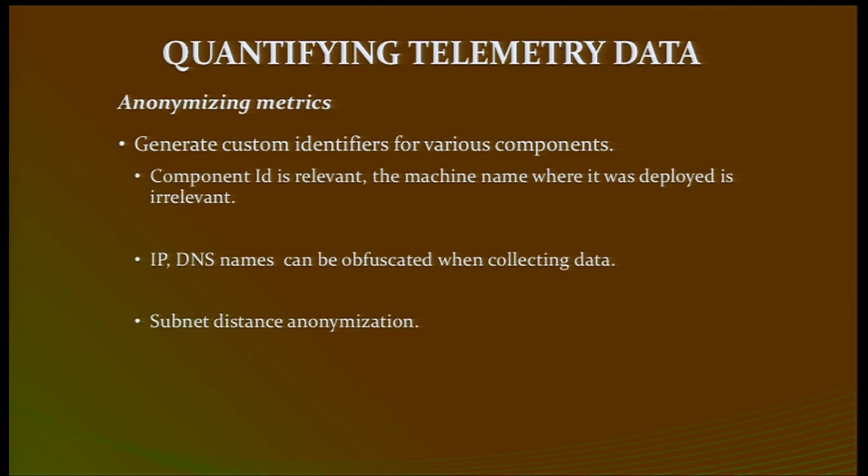The component ID would be relevant to you as a developer when you're developing, but you will not be interested in the machine name, the IP, or DNS. But something like a subnet distance will help you with analyzing the performance of your solution and making improvements based on that.